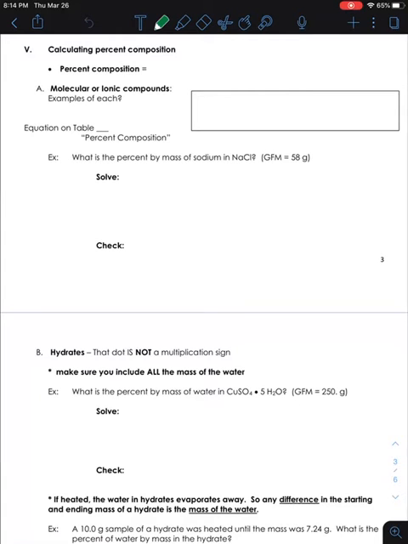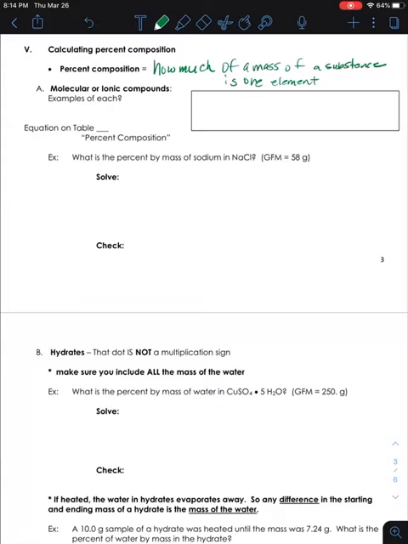Today you're going to learn about calculating percent composition. So percent composition is basically just asking how much of one thing makes up the whole thing. In chemistry, we're looking at how much of the mass of a substance is one element or one part.